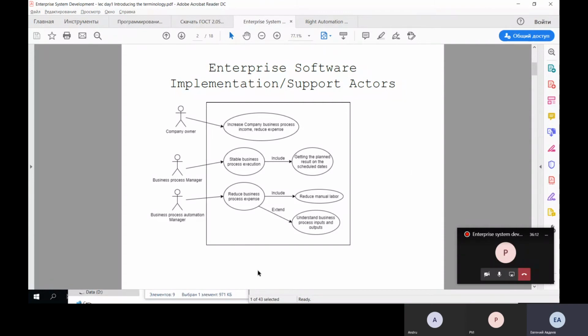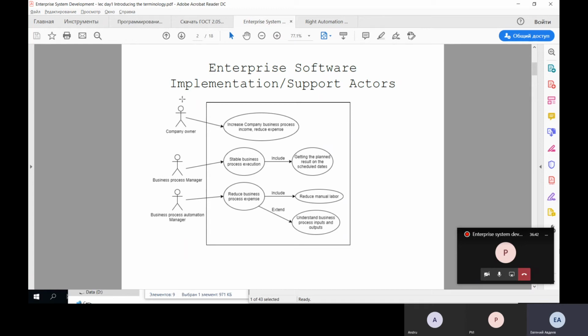Also, I don't know, maybe some of you are familiar with UML description. Here is an example of a use case diagram. We will talk about these diagrams in the future, but here is one way to describe which actors we have and which activity they are doing in this case.